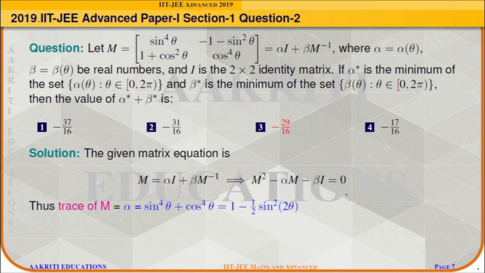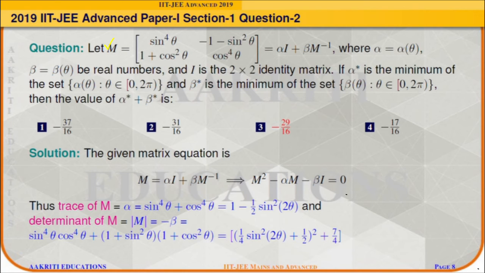So the trace of the matrix will be nothing but alpha, and that will be from the matrix sin^4 theta plus cos^4 theta. Using the trigonometric formula, we can rewrite it as 1 minus 1 by 2 times sin^2 of 2 theta.